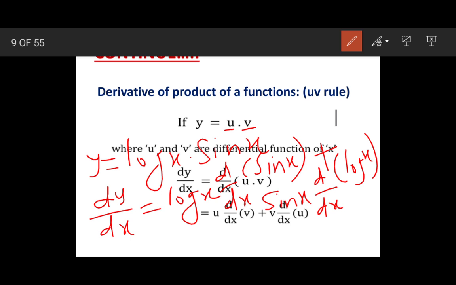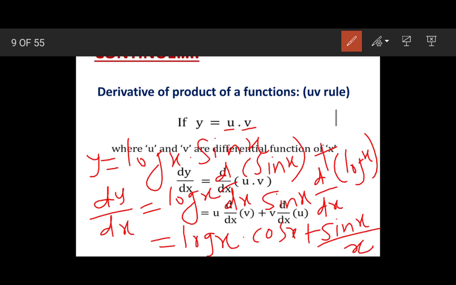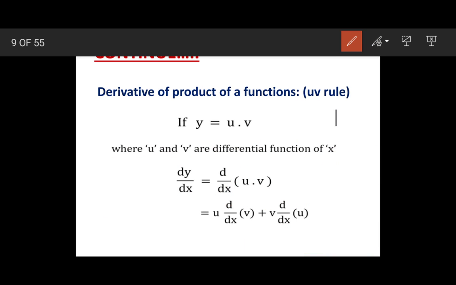So that is equal to log x into derivative of sin x, which is cos x, plus sin x as it is, and derivative of log x is 1 upon x. So this is the derivative of log x into sin x. So, a very important rule, the u into v rule.